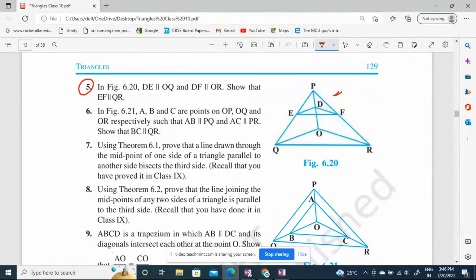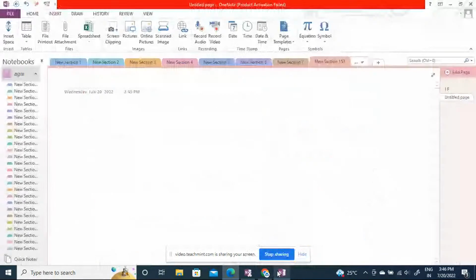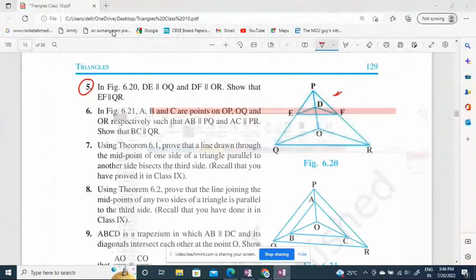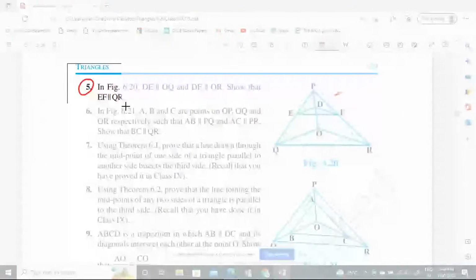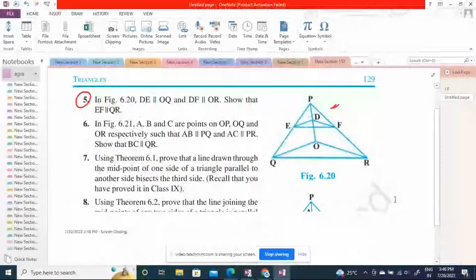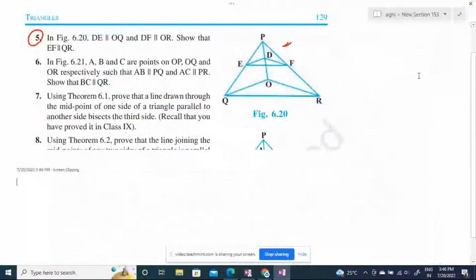Now I bring this figure to the screen and then I'm going to explain it to you. Now in figure 6.20, DE is parallel to OQ.